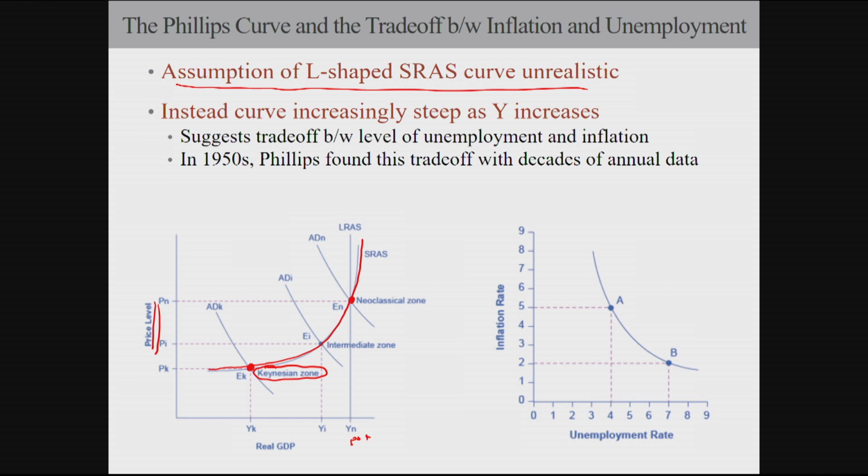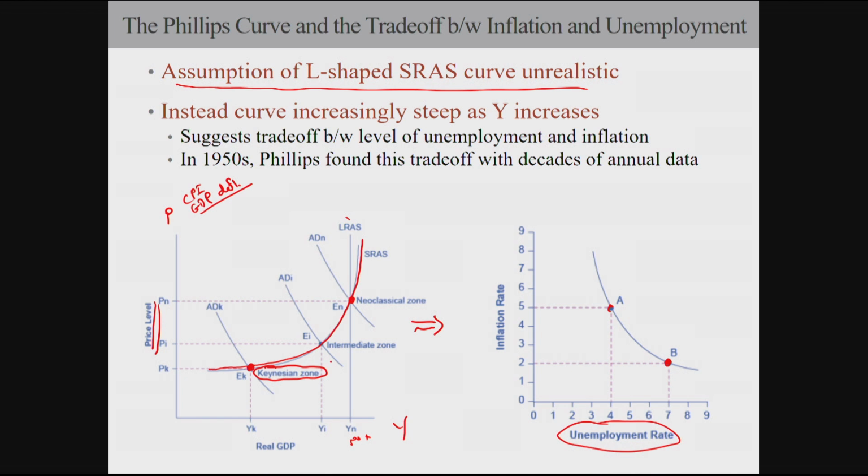And so the idea of this kind of relationship between output and the price level, P, and this P could be a CPI, or it could be a GDP deflator. Probably GDP deflator is the better one. This maps into a negative relationship between the unemployment rate and the inflation rate.